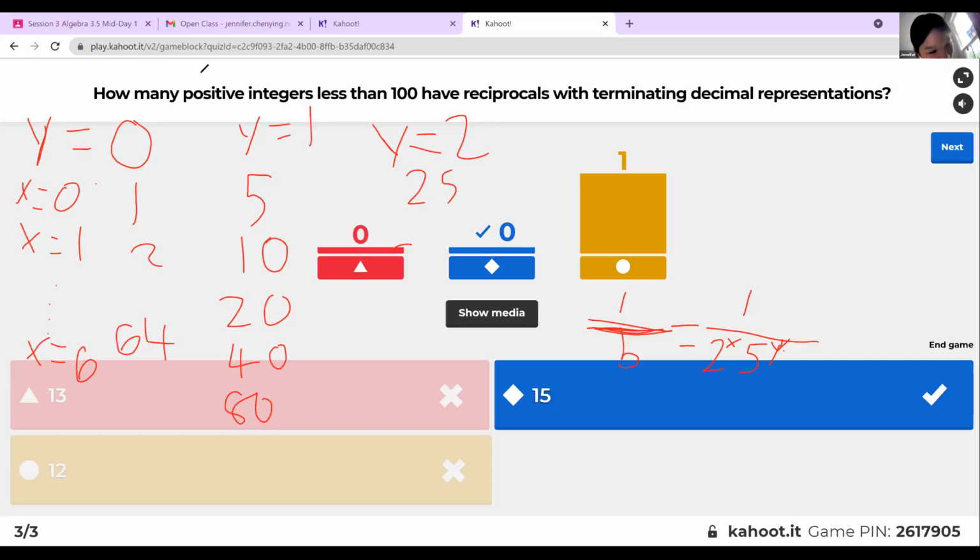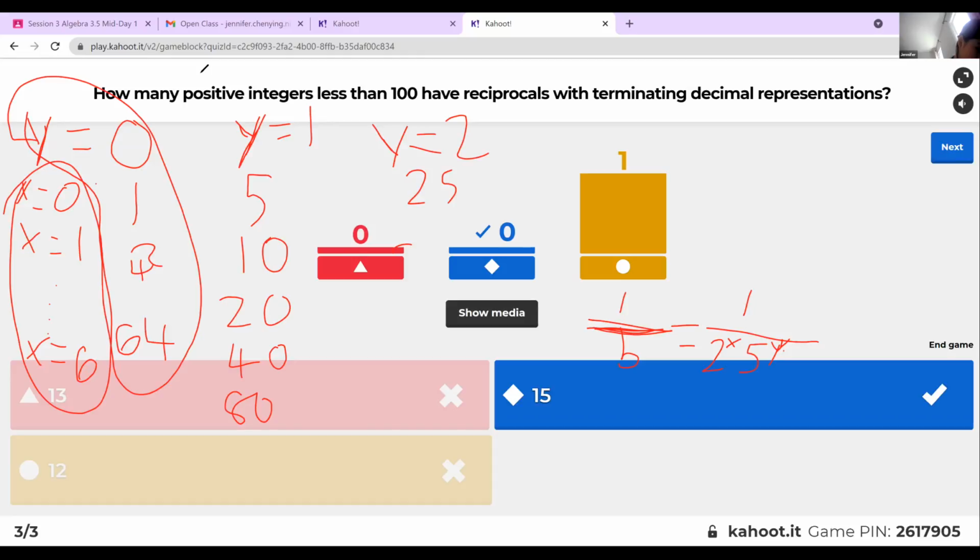It's here. That's multiples of 2. So there's 64 numbers? No, it's 1, 2, and then 4. In all, there's 7 from 0 to 6, because there's 1, 2, 4, 8, 16, 32, 64.